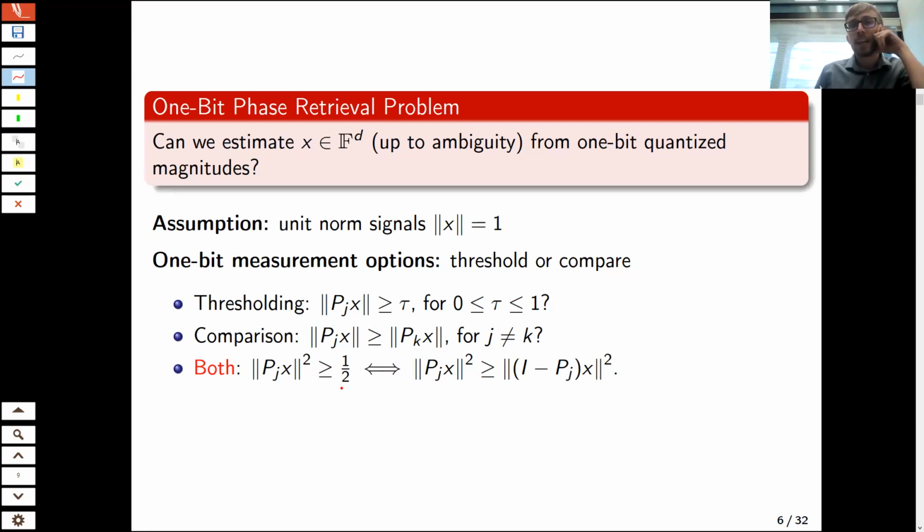If you pick tau to be 1/2, then using a threshold value of 1/2, that 1 bit question is equivalent to asking this 1 bit question where I use a projection PJ and I minus PJ is its complementary projection. So the projection onto the orthogonal complement of the subspace that PJ is projecting onto. And so this is a natural choice, and that's what we'll do.